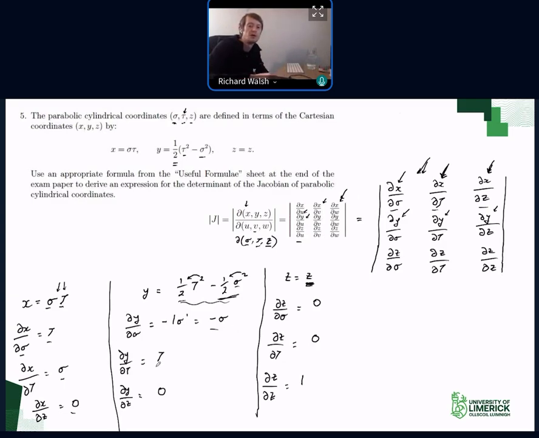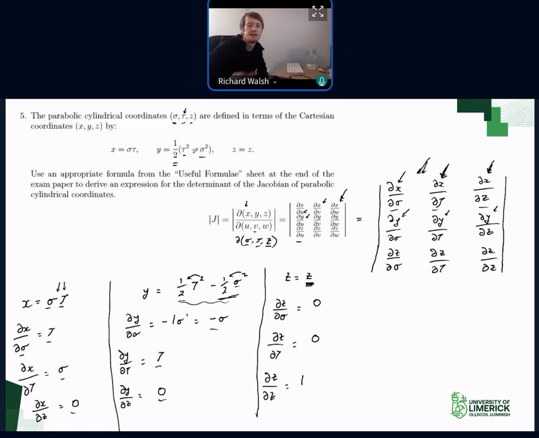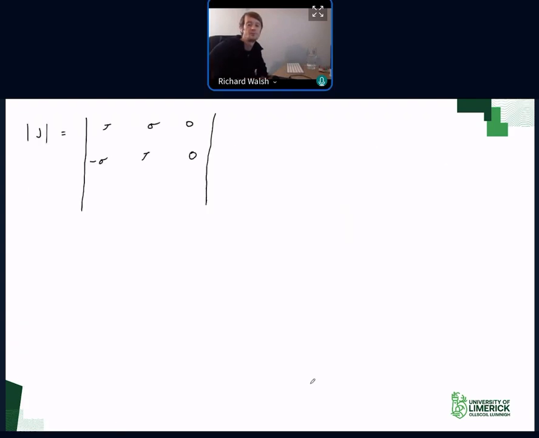So I have minus sigma, tau, and 0 going in the next row. And lastly, z with respect to the other variables go in the last row. So 0, 0, and 1. So I'm going to work out the determinant of that.